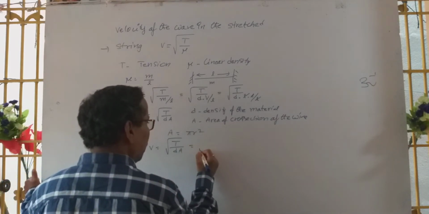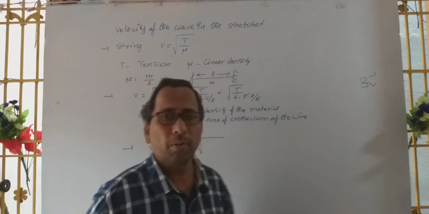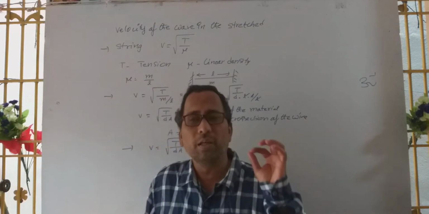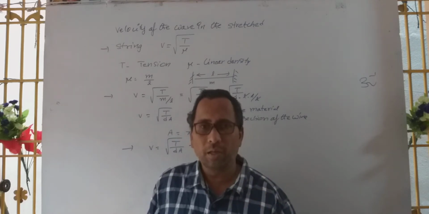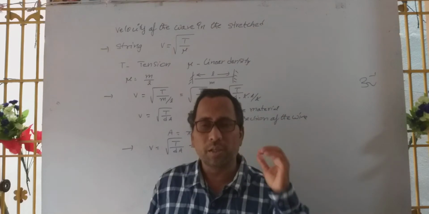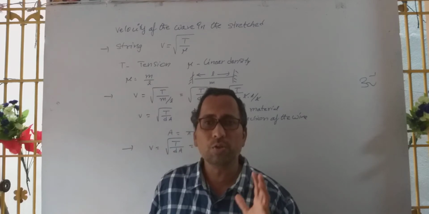That equals root of, what is T by A? Tension by area. We discussed already in the elasticity chapter that force by area, or here tension by area, is called stress. Stress is nothing but pressure, but here we have to use the word stress.